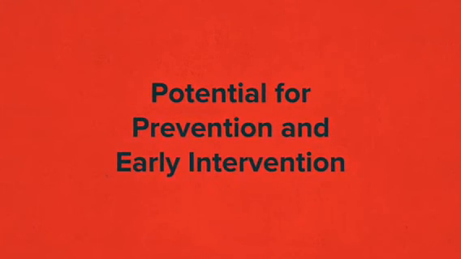The next concept we have a look at is the potential for prevention and early intervention. Now, the majority of diseases and illnesses suffered by Australians are generally a result of poor lifestyle behaviours. These are things that we can change ourselves, like poor diet, our exposure to the sun, our exercise levels.